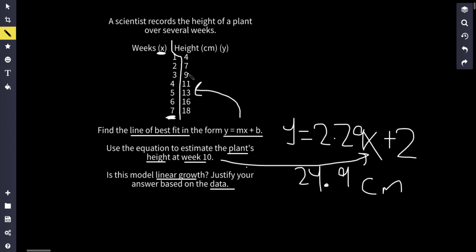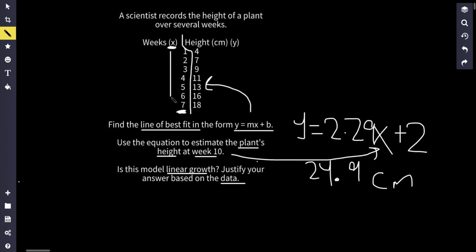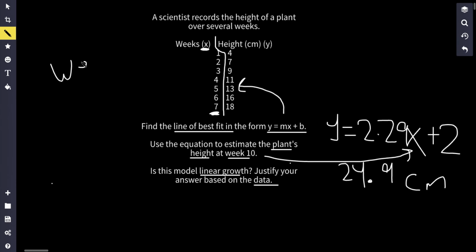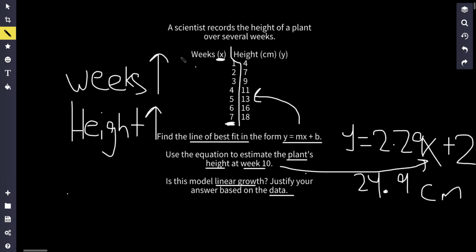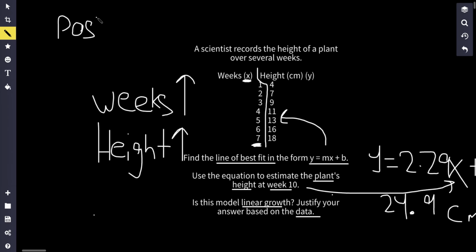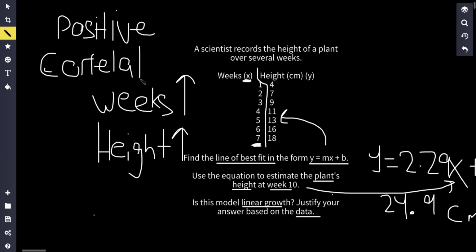So, the first thing that I notice is that as the number of weeks increases, the height of the plant increases. This is something known as a positive correlation. Basically, as one thing goes up, the other thing goes up as well.